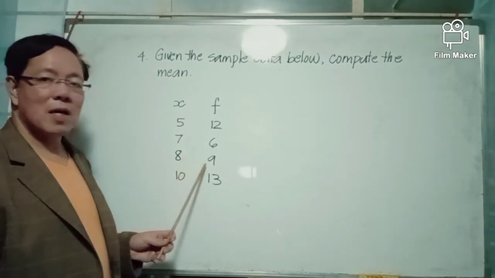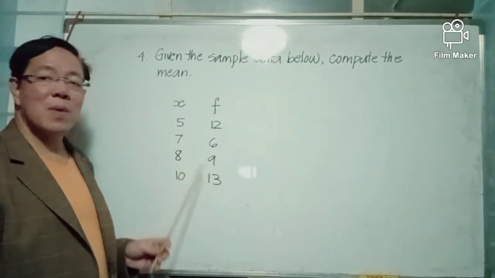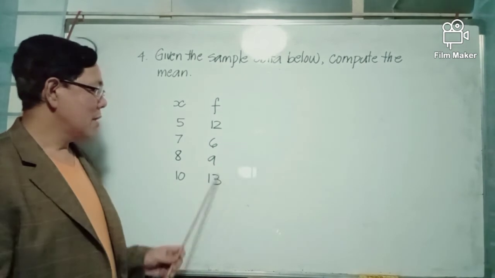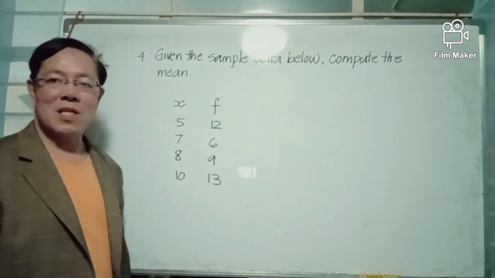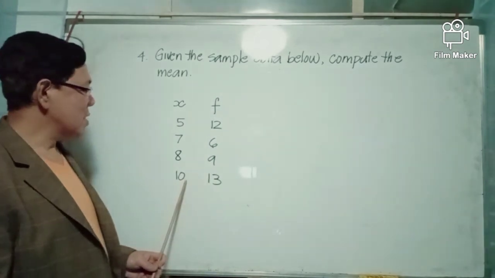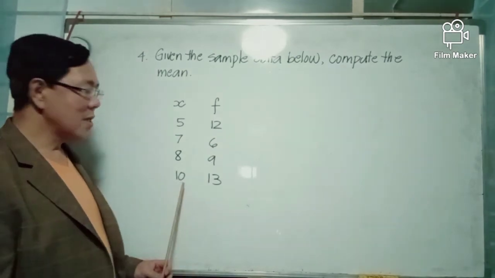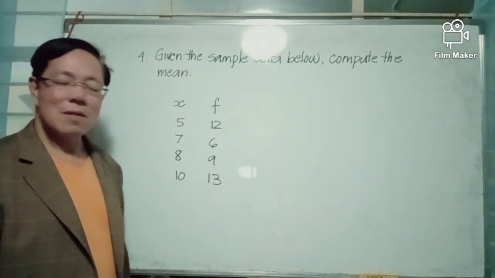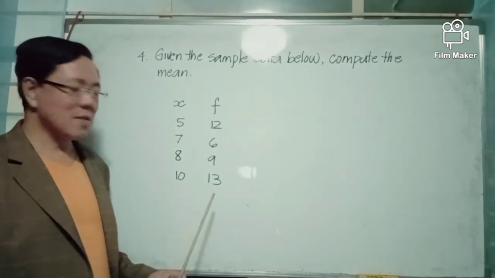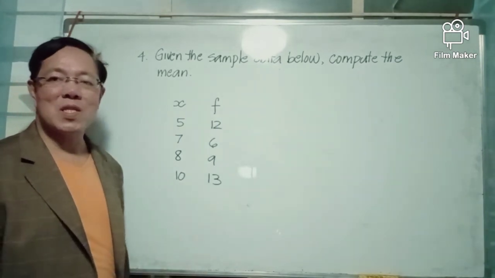The frequency of 8 is 9, which means that the value 8 occurs 9 times in the original set of data. The frequency of 10 is 13, which means that the value 10 appears 13 times in the original set of data.